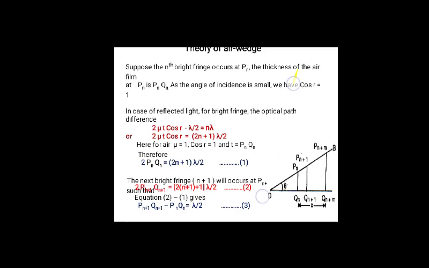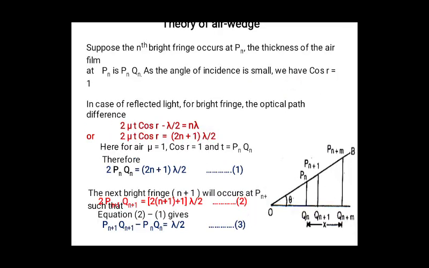Let us discuss the theory of air wedge. Suppose the nth bright fringe occurs at the point Pn. The thickness of the air film at Pn is PnQn. As the angle of incidence is small, we have cos r equal to 1. In case of reflected light, for a bright fringe, the optical path difference is 2 mu t cos r minus lambda by 2 and it is equal to n lambda, or 2 mu t cos r is equal to (2n plus 1) lambda by 2.